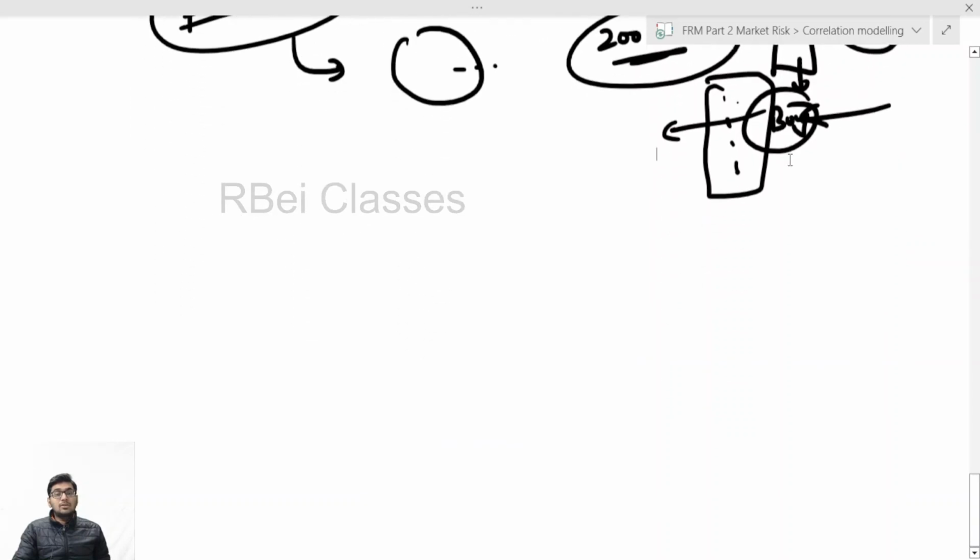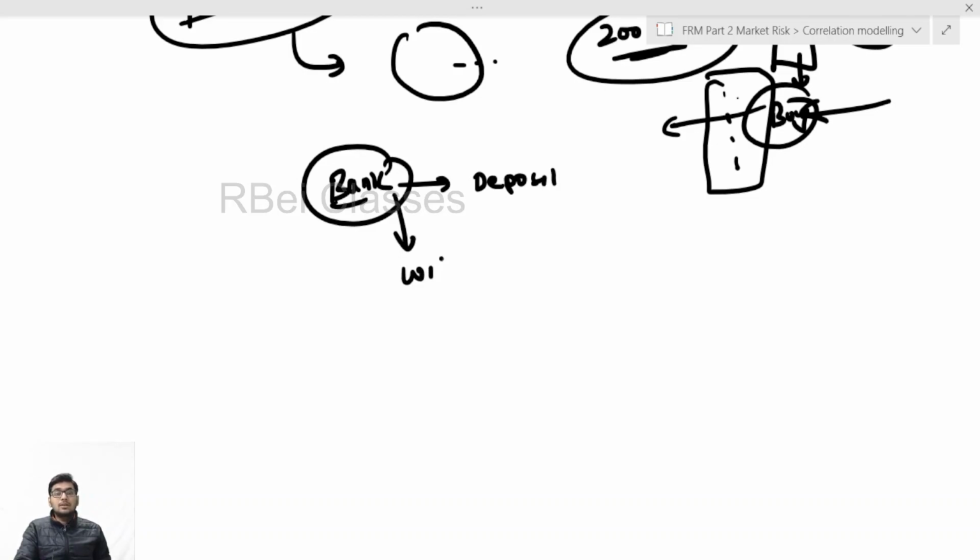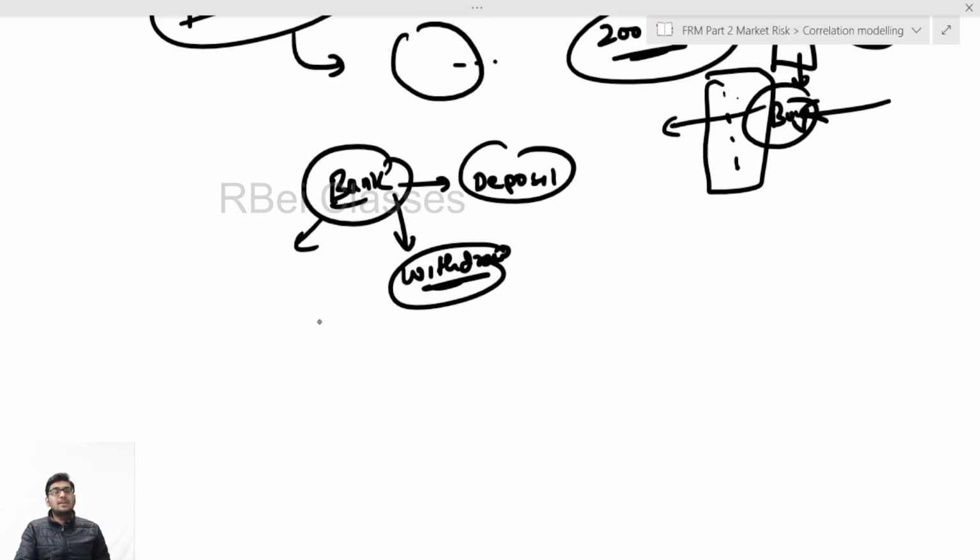Clear? I give you one more example of liquidity risk. You go to any bank, and you see many people who come to deposit money, and many people who go to withdraw money. Clear? In very rare cases, you will find that a bank is short of money. They have designed their models to understand how many deposits will come today and how many withdrawals will take place today.